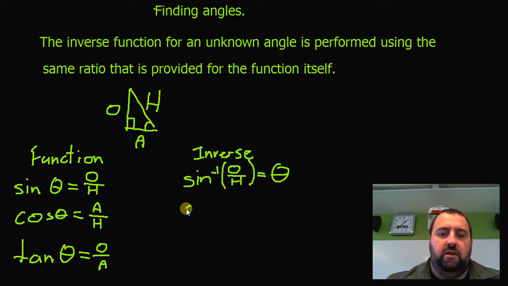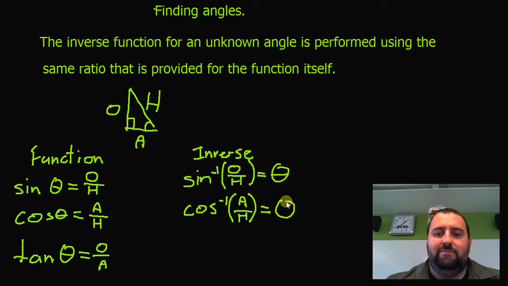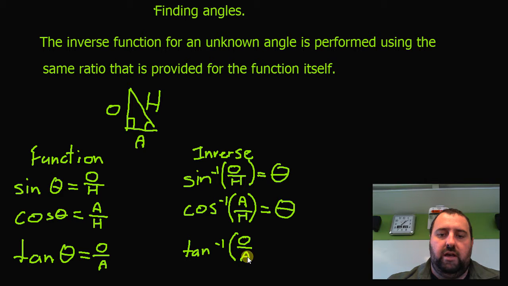All right, so then inverse cos of A over H gives me theta again. And of course, tan inverted of O over A gives me, of course, theta.